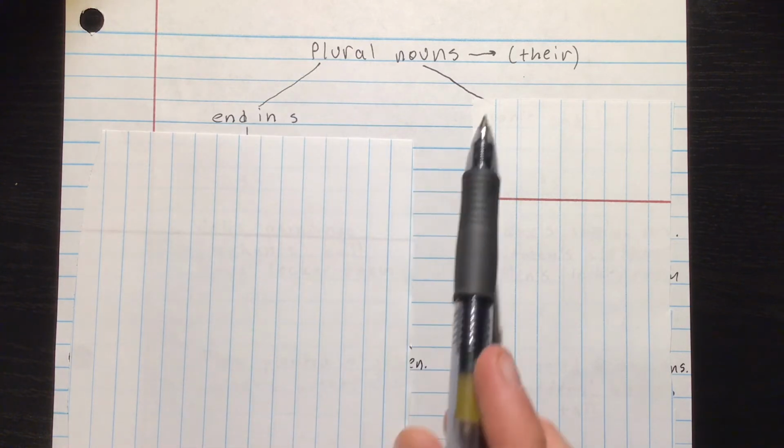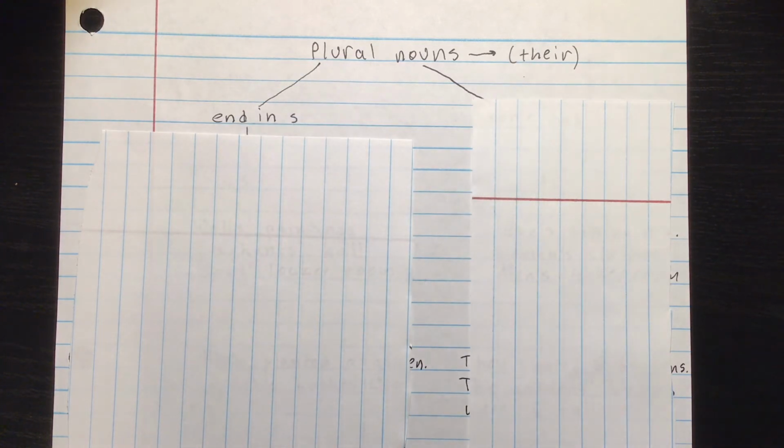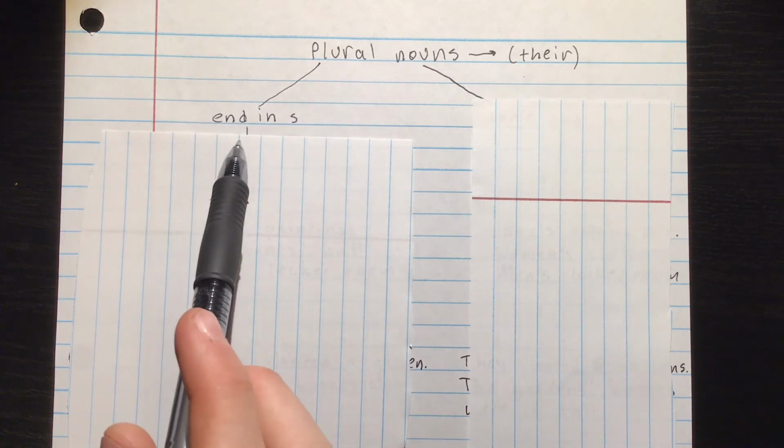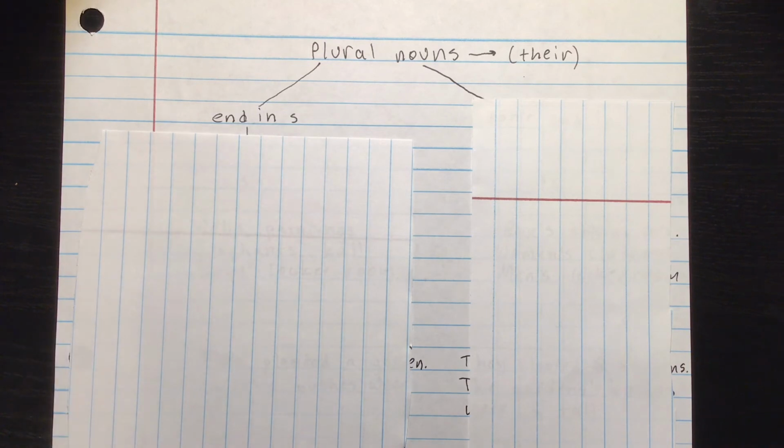Similarly with plural nouns, if you can replace it with the pronoun their, that's how you discern if you have a plural noun. We have a couple of cases, but the first one that we'll look at is plural nouns that end in S, which is most plural nouns. So lamp, the plural of lamp, you just smack an S on the end, or in our case of elephant, if you have more than one elephant, you have elephants. Just sticking an S on the end to make it plural, that's the case that we're focusing on now.